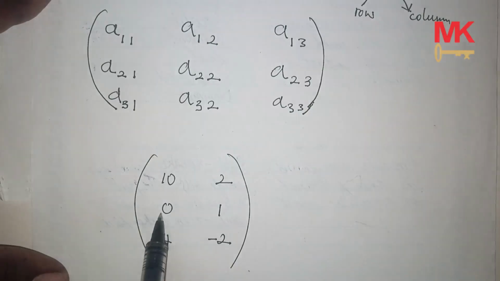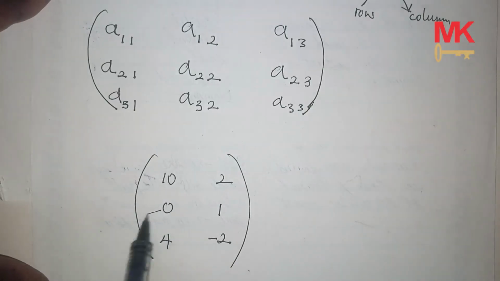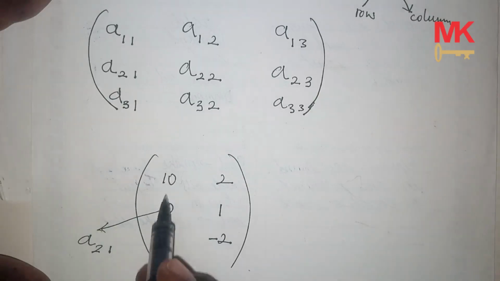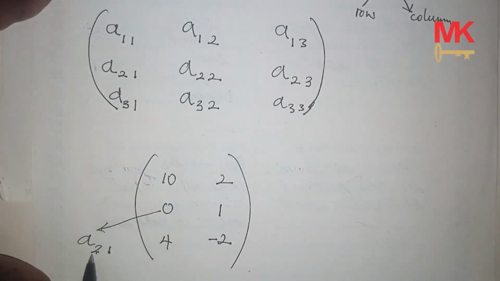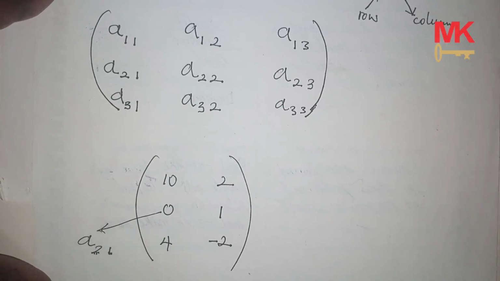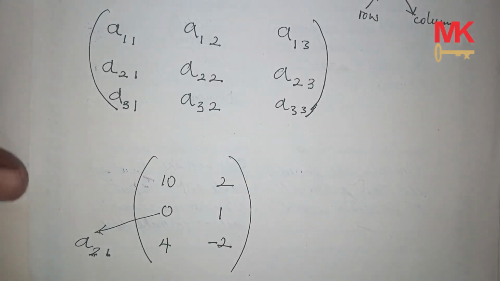The next one, 0 here, is in A21, meaning it's in the second row, but in the first column. Second row, first column. So that's how you identify the positions of the elements in the matrix.